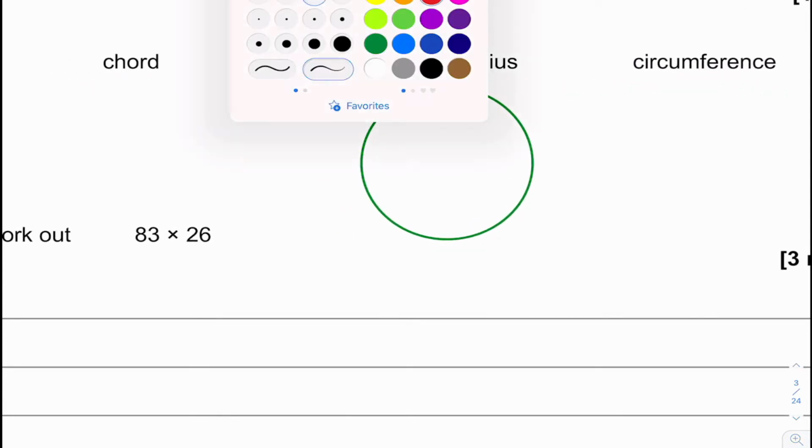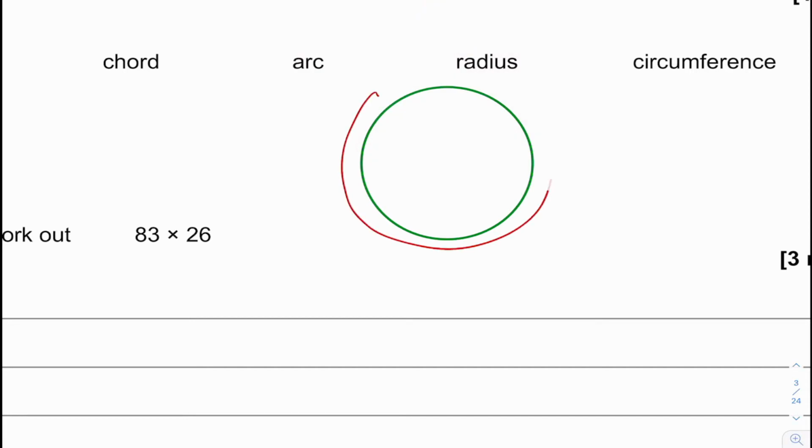So the circumference is obviously the entire way around the circle, so I'll call this C. Then an arc on a circle is, let's say we've got this length here, we'll call this A. Radius is from the edge to the middle, so that's R. And then a chord is cutting across a section of the circle, so we can then say this is a CH, we'll call it chord.